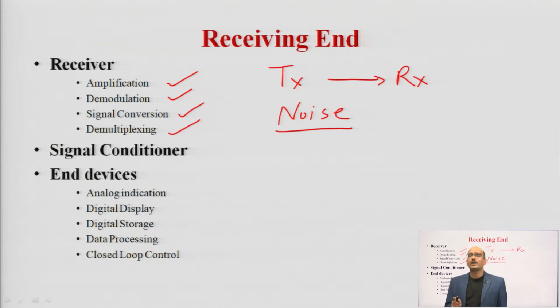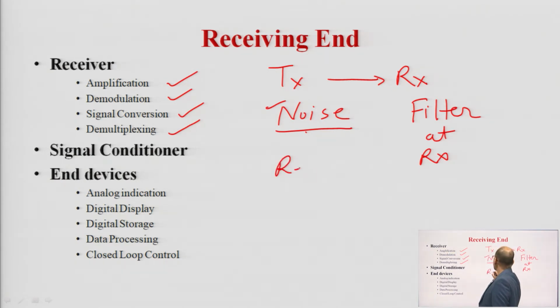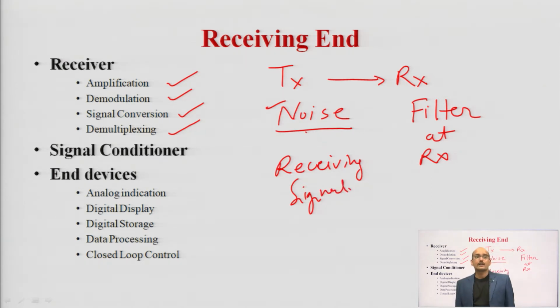Basically any unwanted signal introduced in the system or interfering with the original signal is called noise, and this noise is required to be filtered at the receiving end. After filtering it is required to amplify the received signal so that your signal can be used for further processing.